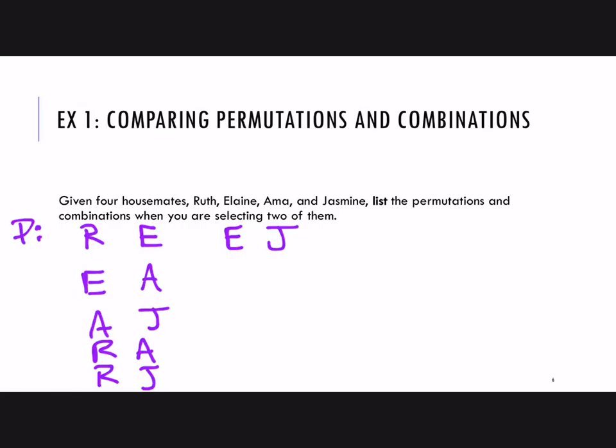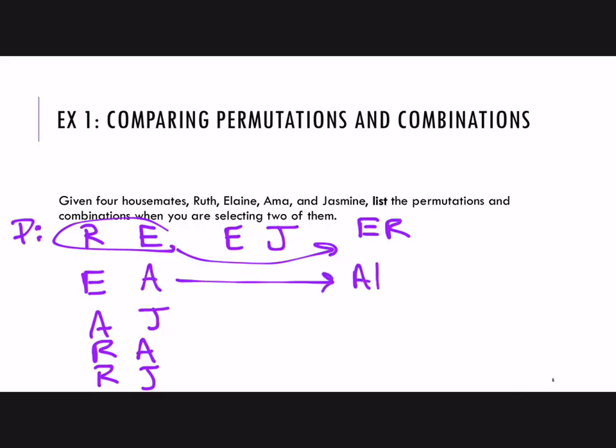Right now, these are all of the ones where we didn't really look at order, right? But remember that the order of these can be switched. So when we choose Ruth and Elaine, it could have also been Elaine and Ruth, right? And Elaine and Emma could have been Emma and then Elaine.